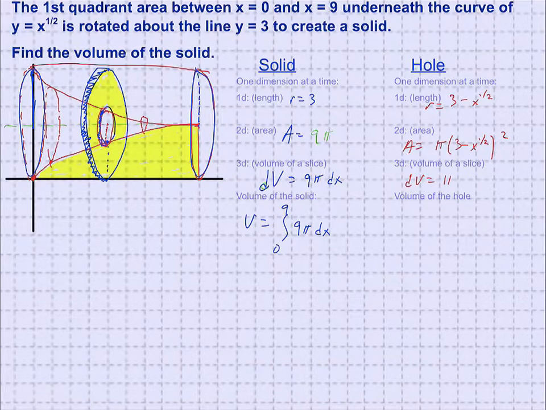Which is the area of the hole times the thickness, pi times (3 minus x to the 1/2) squared times dx. And so the volume of all of the holes put together would be the integral from 0 to 9 of pi times (3 minus x to the 1/2) squared with respect to x.